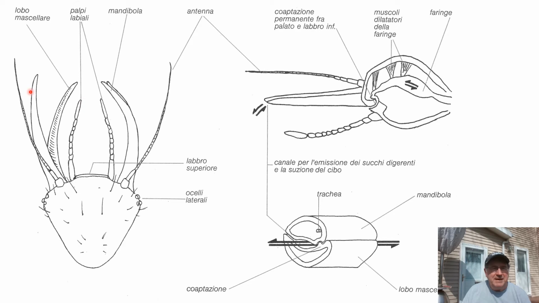But you see the mandibles and the maxillae here are elongate, and here we see in cross section that the combination of mandible on top and maxilla on the bottom, these two mouth parts are coordinated via a tongue and groove, what the Italians are here calling a coaptation, coaptazione.